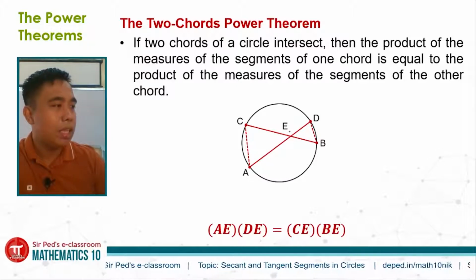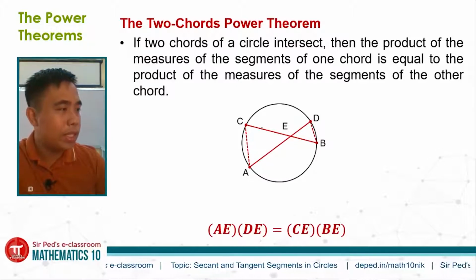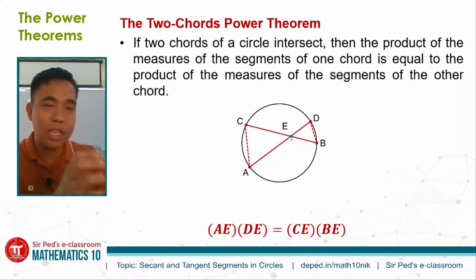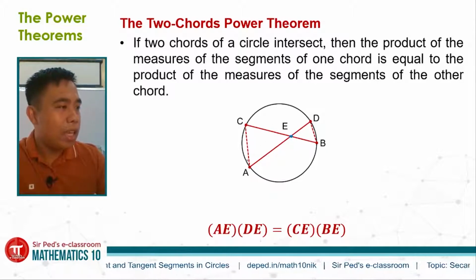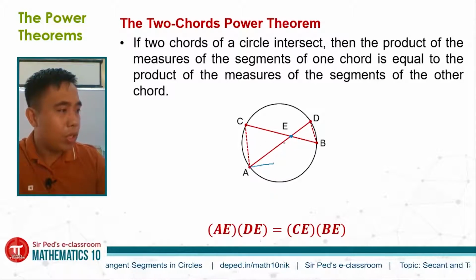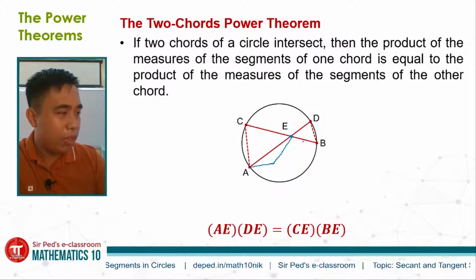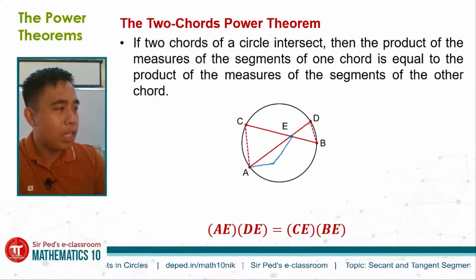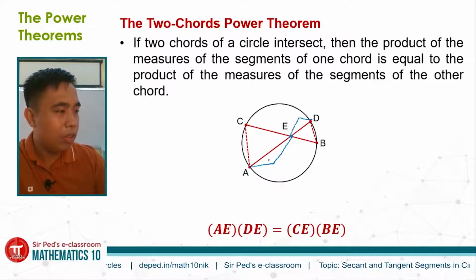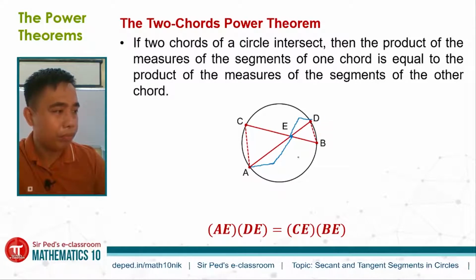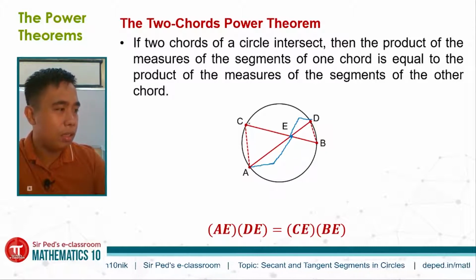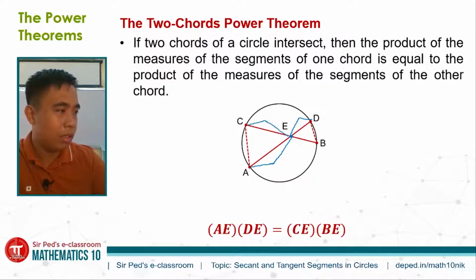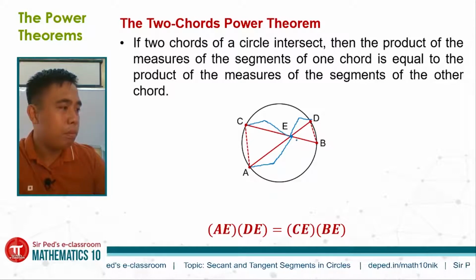It means that if we have here two chords intersecting at E, not necessary that yung E ay nasa center ng circle, si AE, this portion, this segment, is times DE, the other segment of chord AD, is equal to the product of CE times BE.